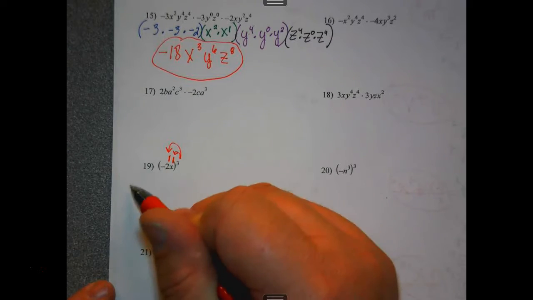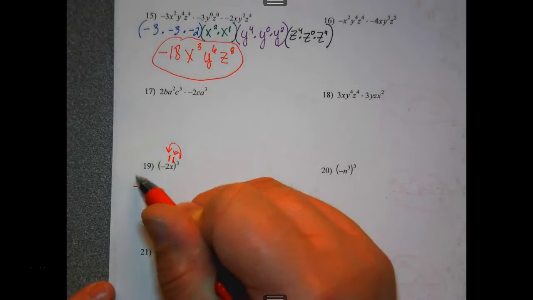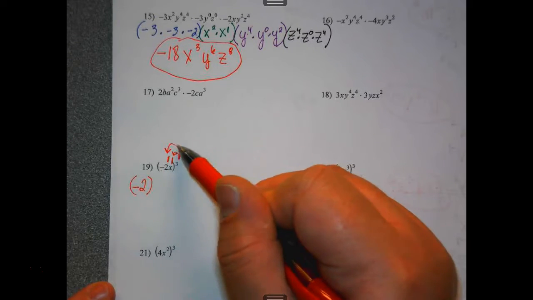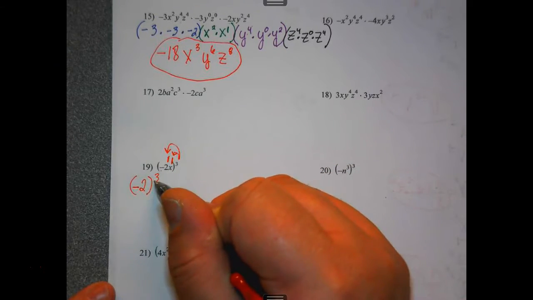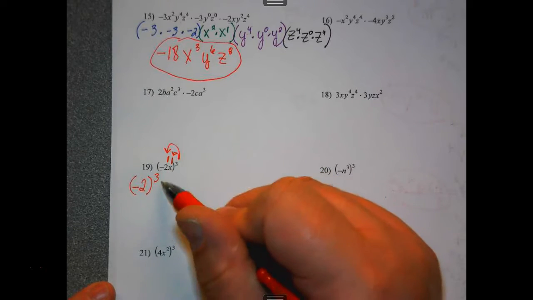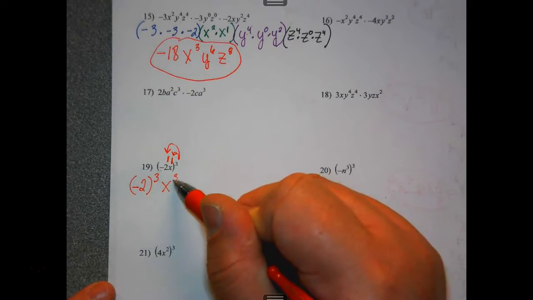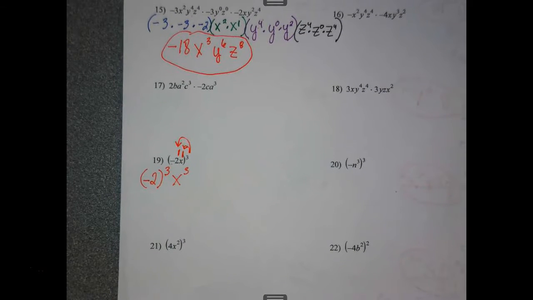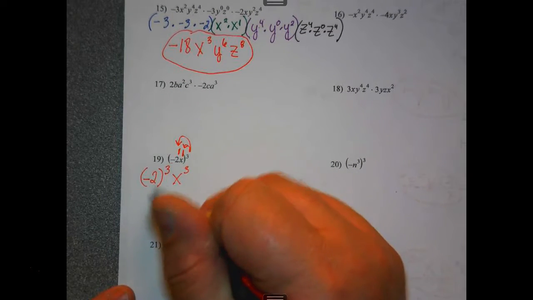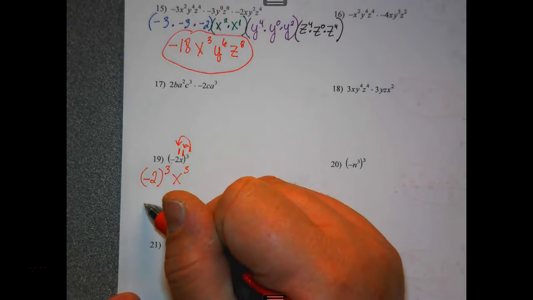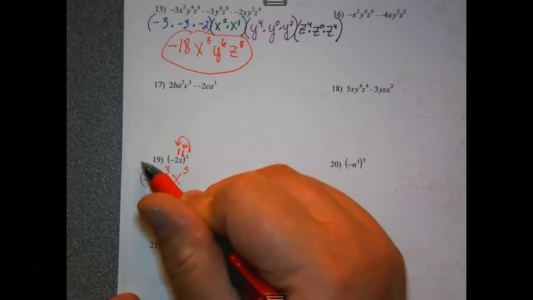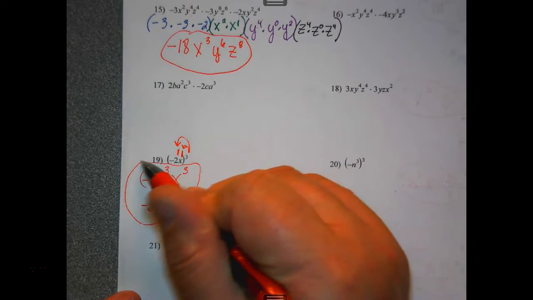So be careful of negative numbers in parentheses. I have -2 to the 1 times 3, which is 3. x to the 1 times 3 is 3. If you want to leave your answers like that, go ahead. I'm fine with that. If you want to multiply out, -2 to the 3rd would be -8x cubed. Either one, I'm good with either one.